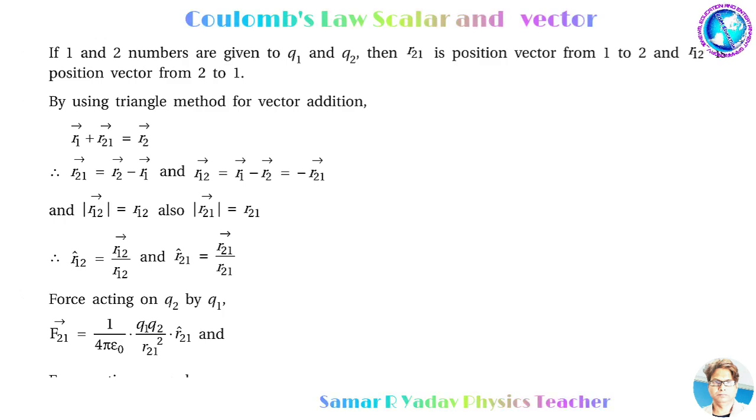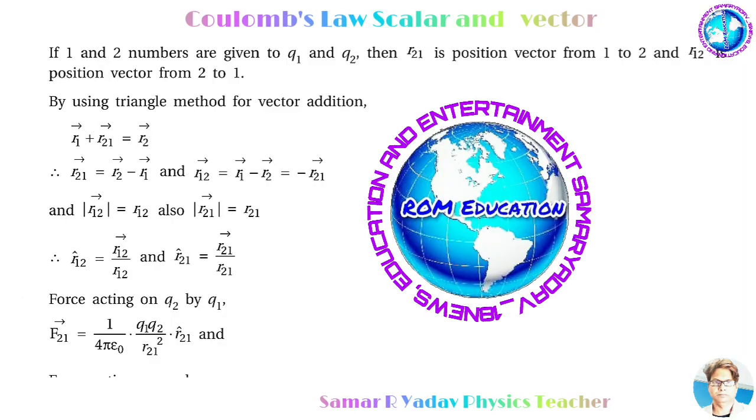The magnitude of vector r12 is r12, and the magnitude of vector r21 is r21. Therefore, unit vector r12 is equal to vector r12 upon r12, and unit vector r21 is equal to vector r21 upon r21.